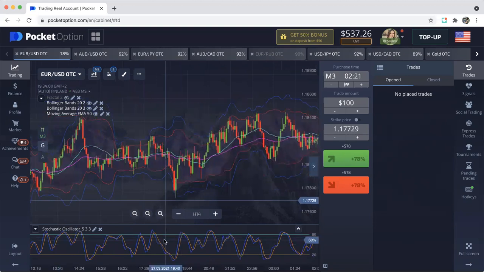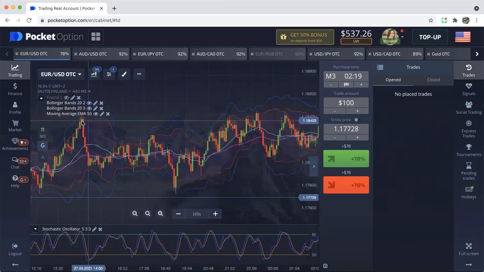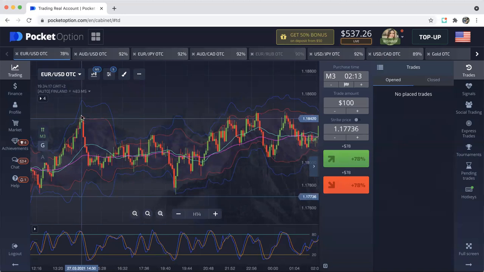So let's look right here. You see this one? It won't let me zoom out anymore. So right here, you see the market went all the way up to this Bollinger Band. I would have saw it go back down, go back down, go back down. Once I saw that it was forming that wick, and I knew it was getting to like its highest point, and that stochastic was up there and it was starting to cross, I would have gotten in and taken that down.